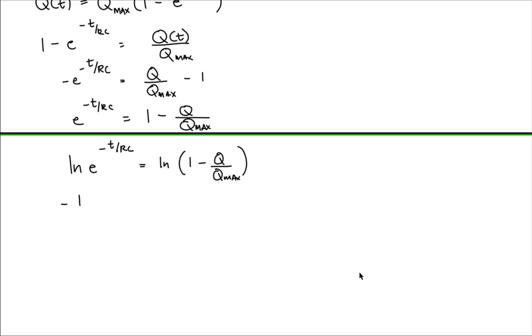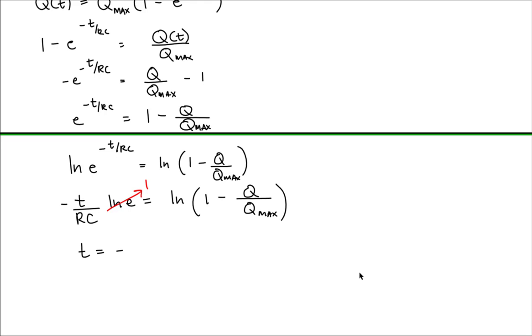This becomes minus t over RC times the natural log of e is equal to the natural log of 1 minus the ratio of charge on our capacitor plates to the maximum charge at full capacity. The natural log of e is just 1, and let's multiply both sides by minus RC.